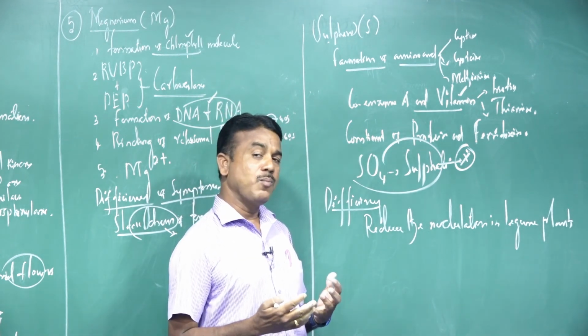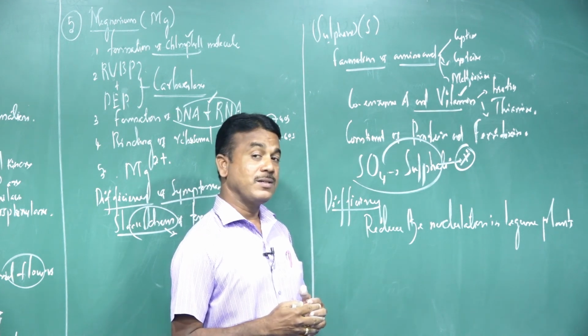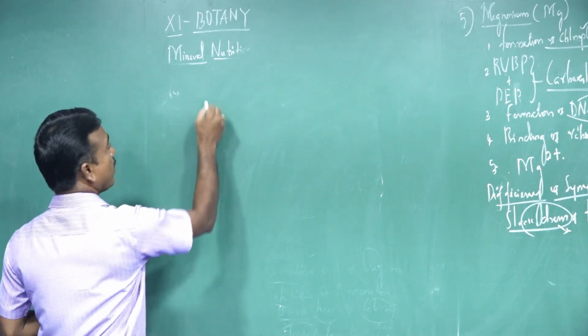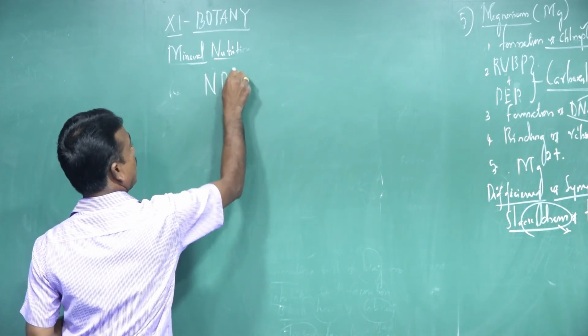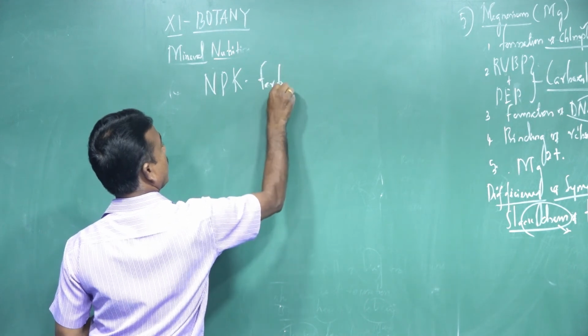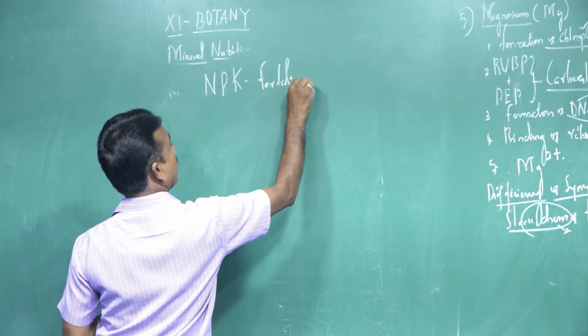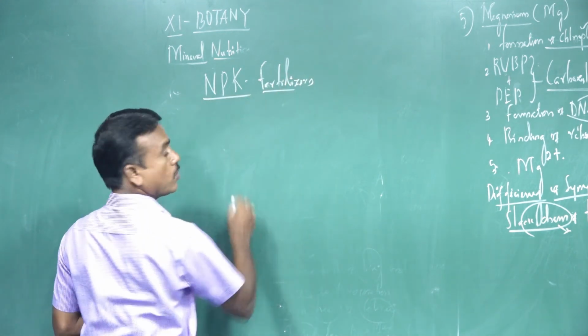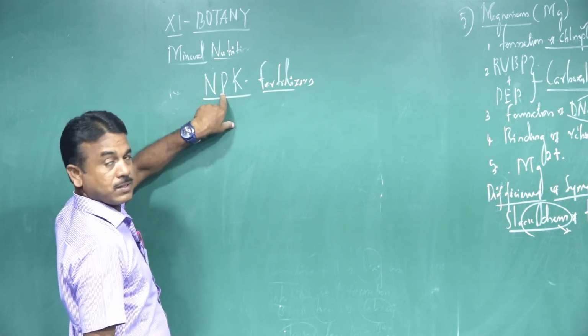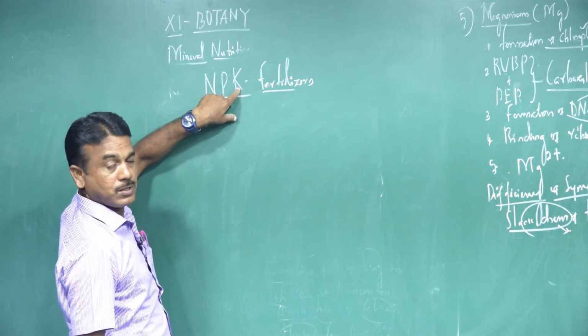When the plant takes up more atmospheric nitrogen, it grows more and yield increases. What is NPK fertilizer? N denotes nitrogen, P denotes phosphorus, K denotes potassium.